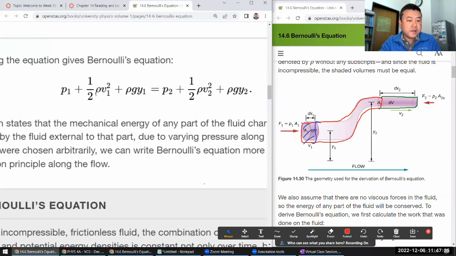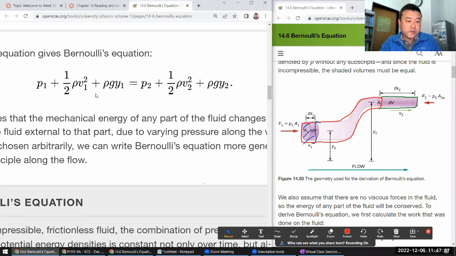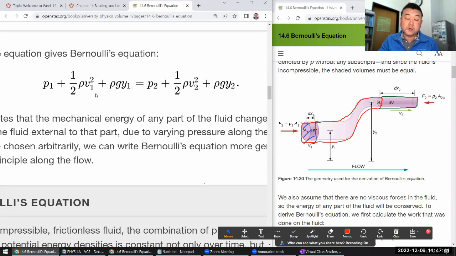that's the derivation. This form of equation is nice because I hope it reminds you of a conservation law. You have some quantities measured at some point that's equal to the same combination of quantities: pressure, this kinetic energy related quantity, this potential energy related quantity, measured at another location.